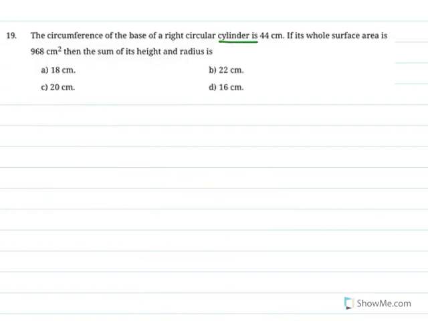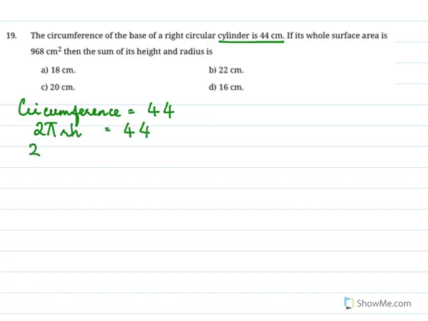The circumference of the base of a right circular cylinder is 44. So circumference equal to 44. Circumference is 2 pi R, so let us erase this out, it's not right.